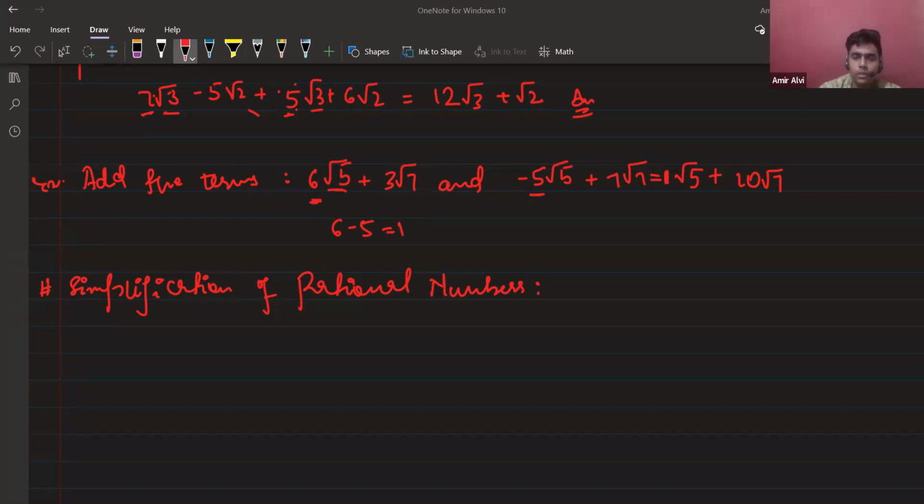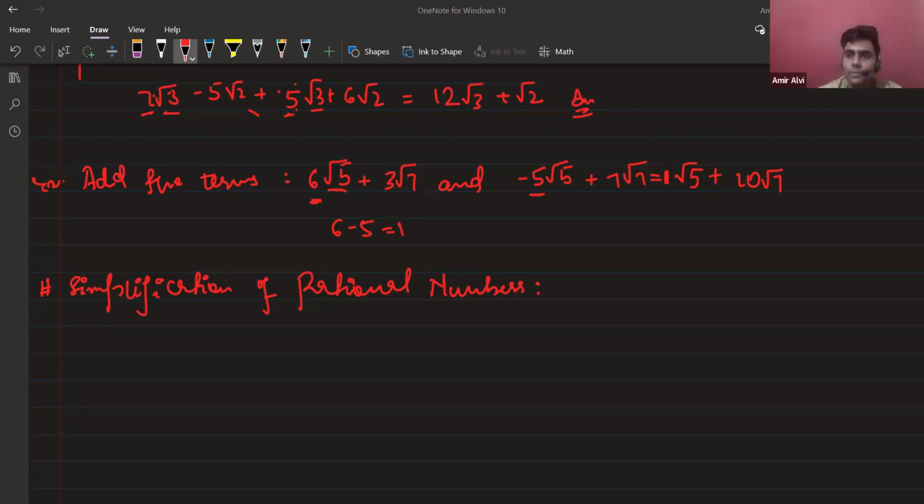I will give you one thing, Simrat: in the next class, you should revise the identities. Like, do you know a plus b whole square is equal to what? Yes, Simrat. A plus b whole square.